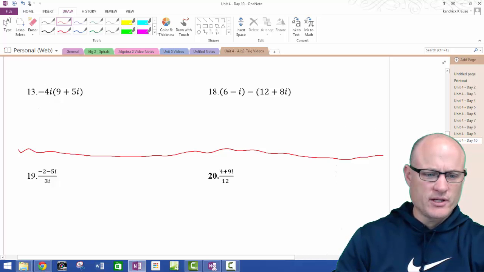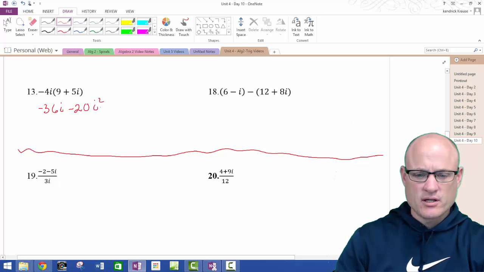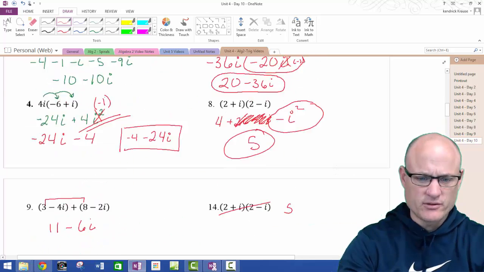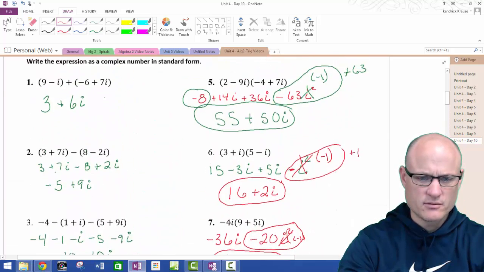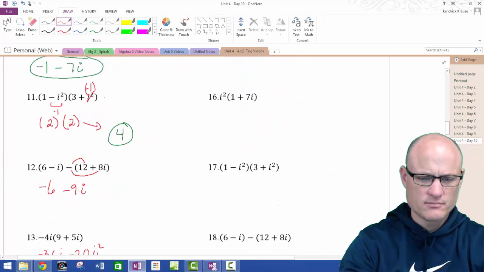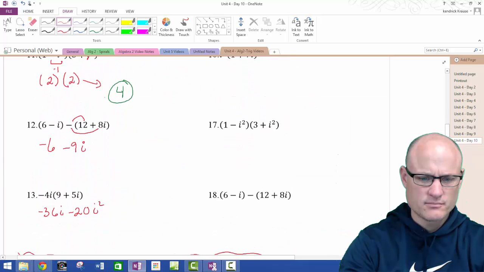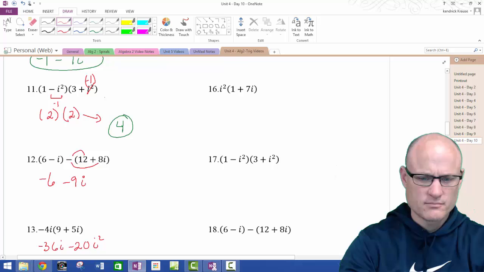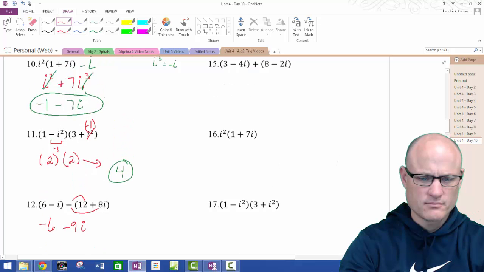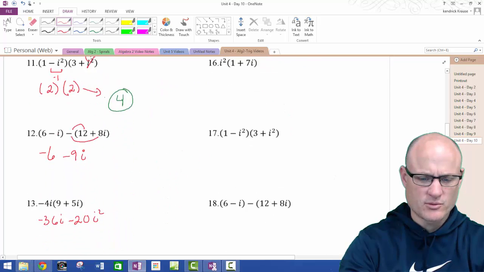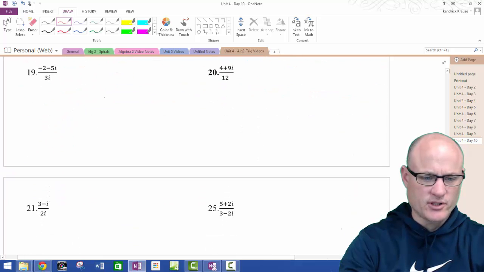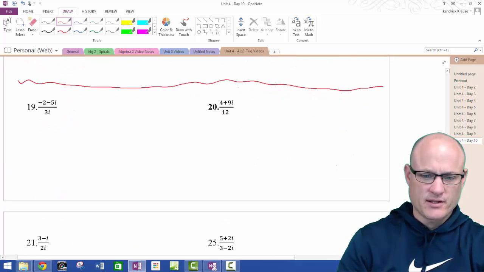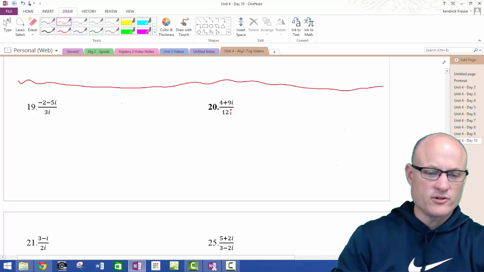We're going to distribute, so we get negative 36i minus 20i squared. Wait, these are just repeats. Somehow I got repeats. Let's just get to the meat of the stuff. And I think this should have a 12i on it. Otherwise, it's a useless problem.